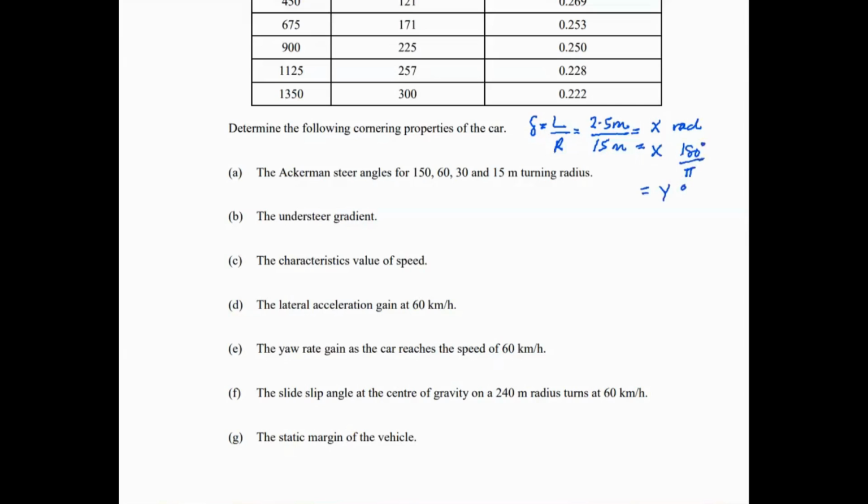Okay. So to solve the other turning radius, 30, 60, and 150, you can use the same method. First, you need to determine the radian, and then you need to convert it to degrees.